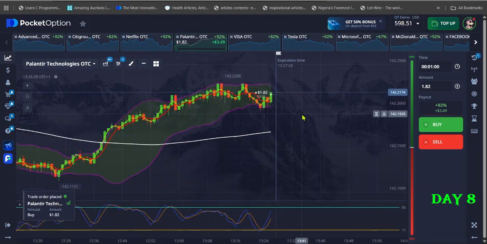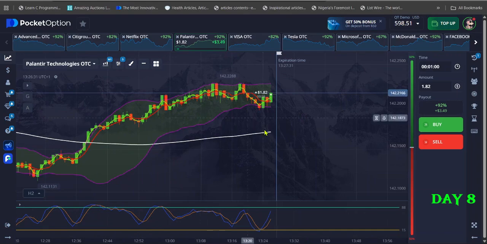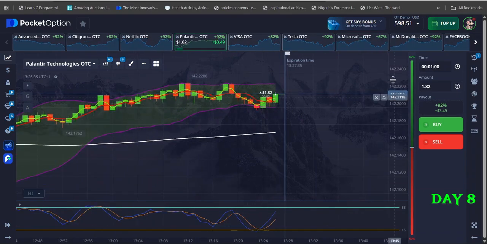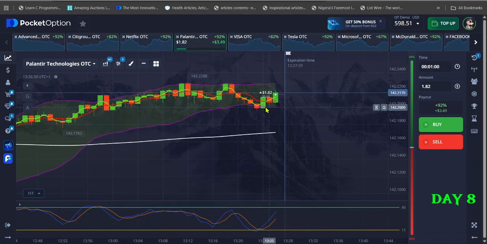The reason I'm taking this trade right here is because you can see that the moving averages have crossed. These are our fast moving averages. They have already crossed. And you can see that the candlestick has already touched the lower Bollinger Band and it has pushed out from there.